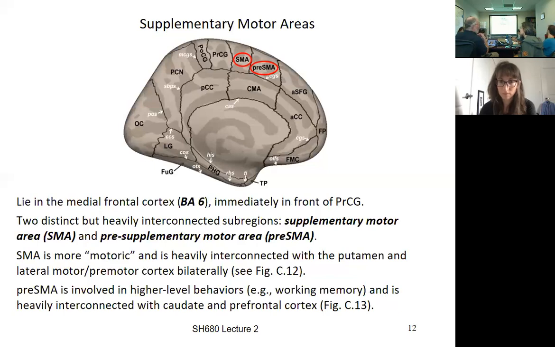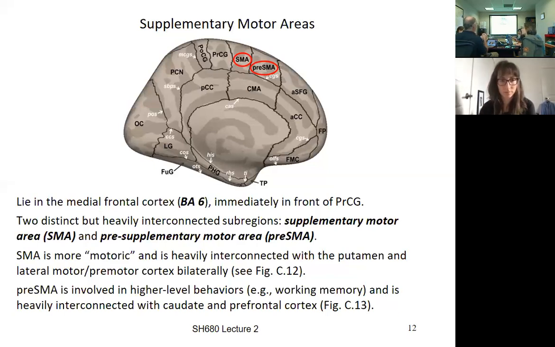Prefrontal cortex means all of the frontal cortex that's in front of premotor cortex. So frontal cortex can be thought of as three parts: primary motor, premotor, prefrontal. Prefrontal has language areas, working memory areas, cognitive control areas, the highest consciously available aspects of our experience, our prefrontal cortex. So pre-SMA is more tied in with those things.